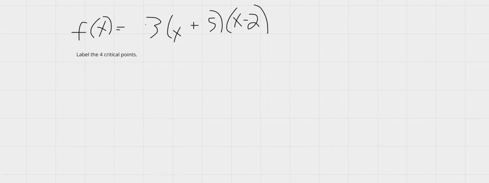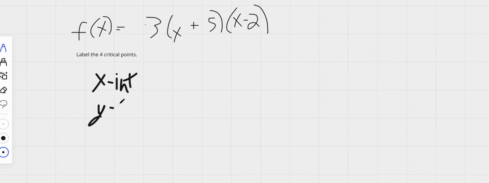4 critical points. First of all, I want to know what the critical points are, right? So these points are going to be our x-intercepts, our y-intercept, and our vertex.